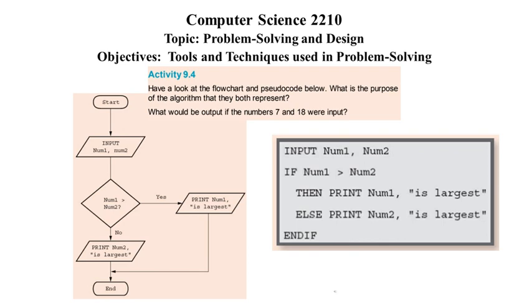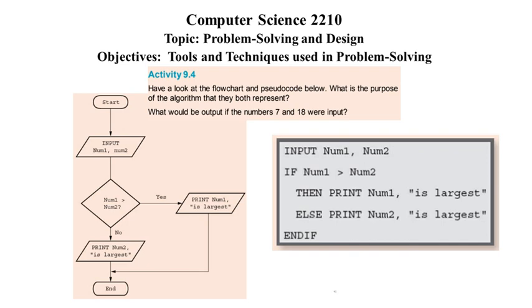And then we have our decision symbol, which is like a diamond. Num1 is greater than num2, so here we are checking which of the two numbers entered by the user is greater. So we are having a comparison here.